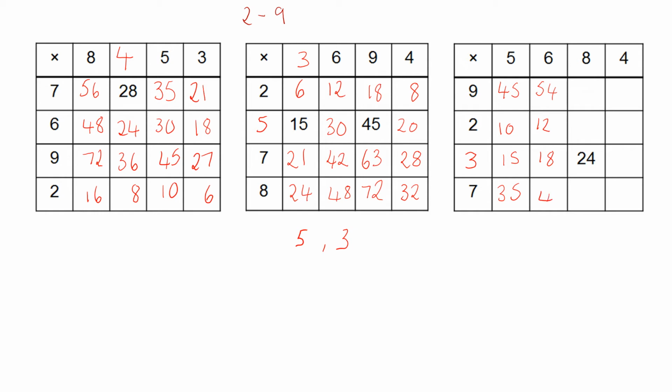And 7 times 6 is 42. 8 times 9 is 72. 8 times 2 is 16. 8 times 3 has been done. 7 times 8 is 56. 4 times 9 is 36. 4 times 2 is 8. 4 times 3 is 12. And 4 times 7 is 28.